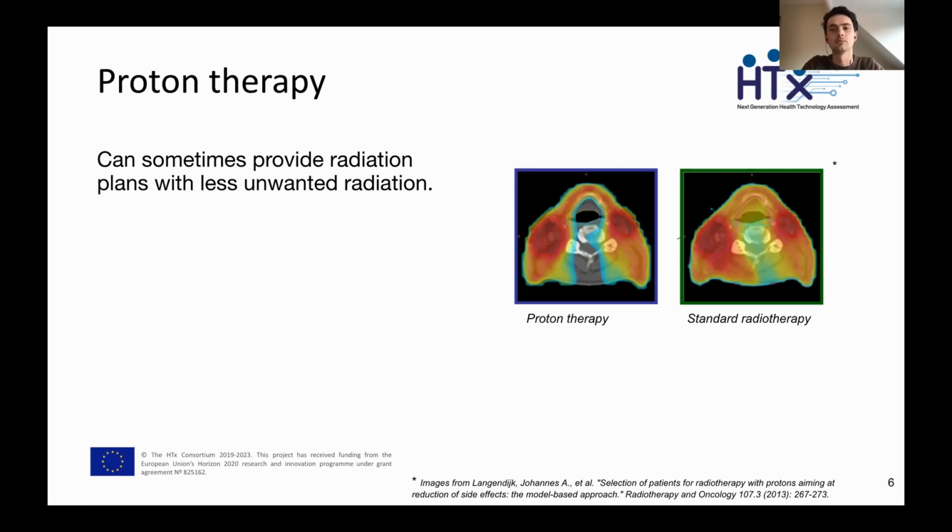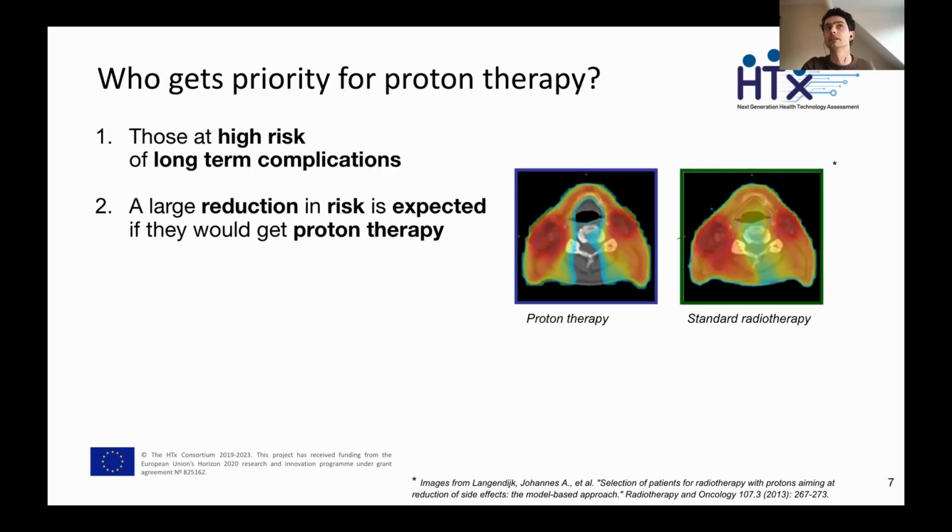For example, in the Netherlands there is now in total a capacity for around 2,000 patients a year, but the demand may be much higher. For that reason, they want to know who gets the priority for proton therapy, and ideally you would want this to be those patients who benefit most from it.